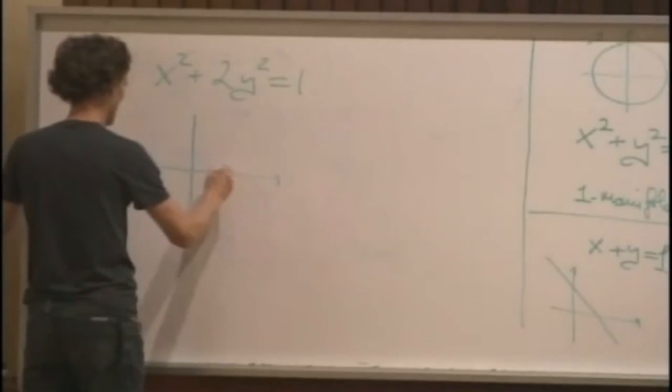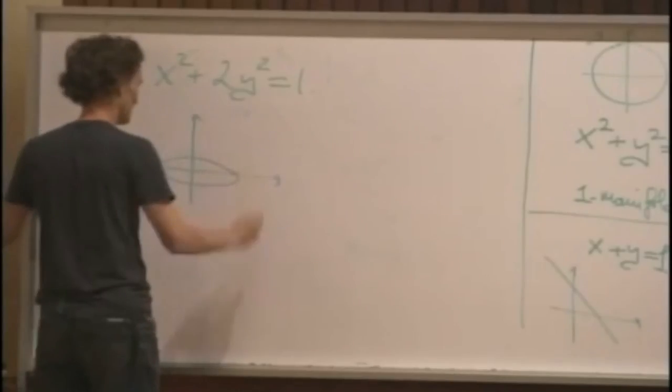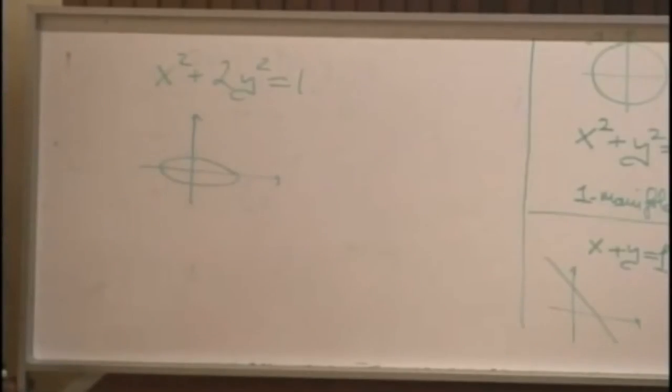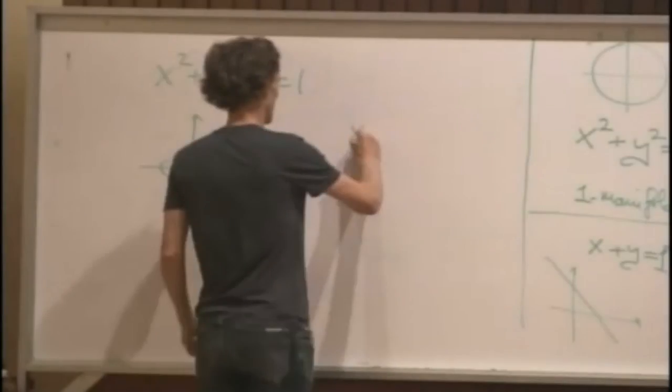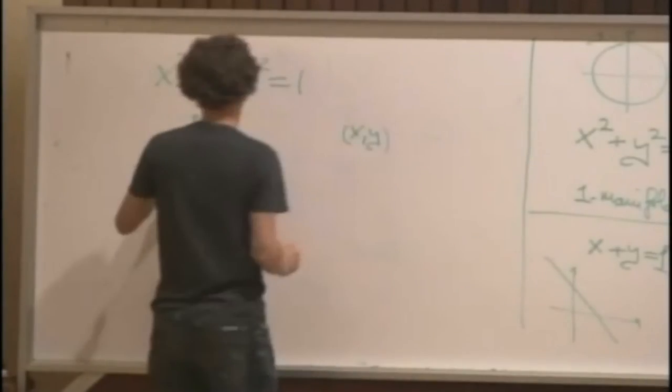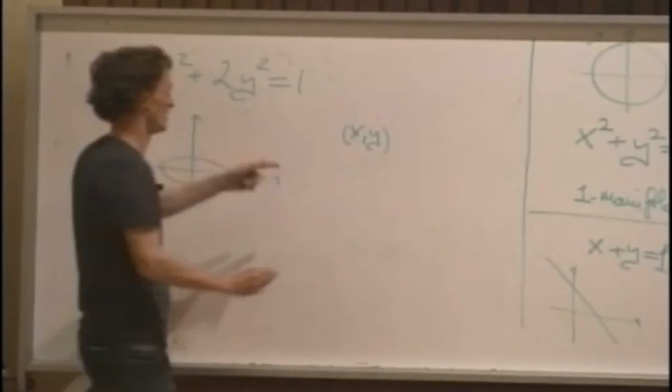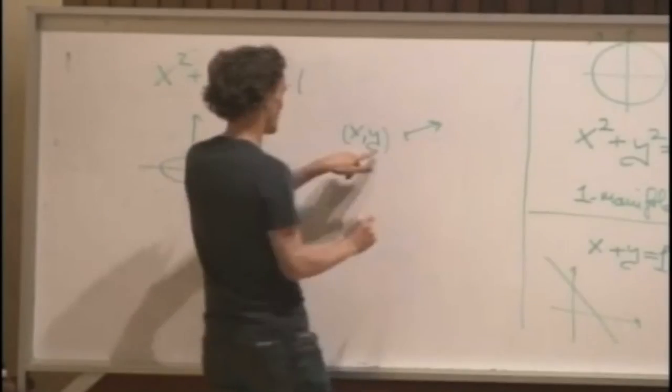You get an ellipse. So they're not equal. There are points on that one that are not on that one. But they're still quite similar. You can translate from one to the other. If you have a solution to this set of equations, you can divide y by square root of 2.